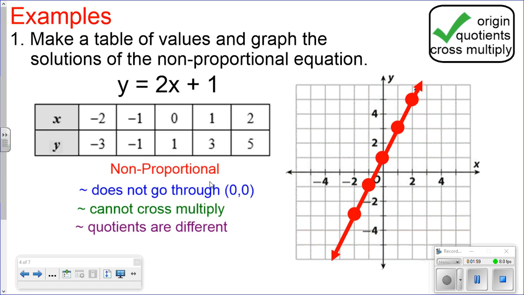If I cross multiply any of the ordered pairs, 1 times 1 is 1, and 0 times 3 is 0, so that doesn't work. If I take the y values divided by the x, 1 divided by 0 is 0, 3 divided by 1 is 3, and 5 divided by 2 is 2.5. So all of those reasons show it's not proportional.